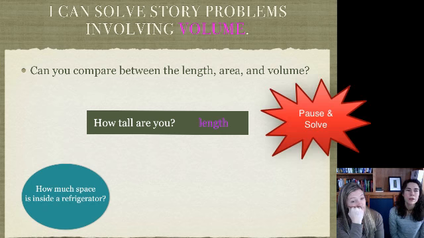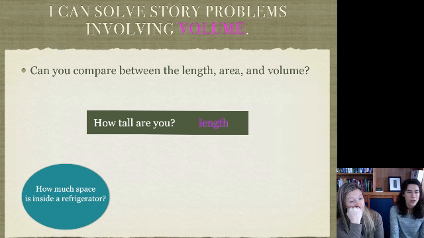Next one, how much space is inside a refrigerator? What do you think you would use for that? Length, area, or volume? So once again, take a little guess at that. And you should have thought about volume in this case, because how much space does it take to fill up the whole fridge, which is a 3-dimensional shape.